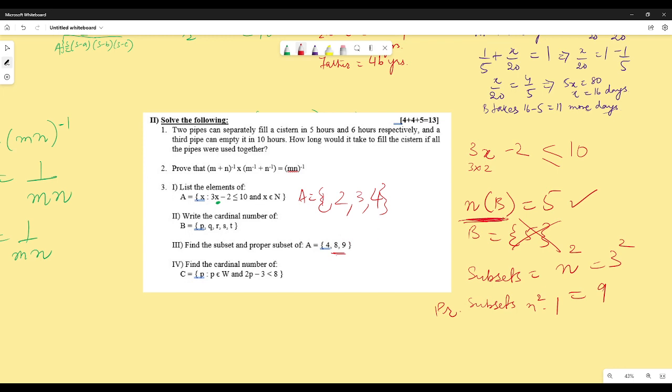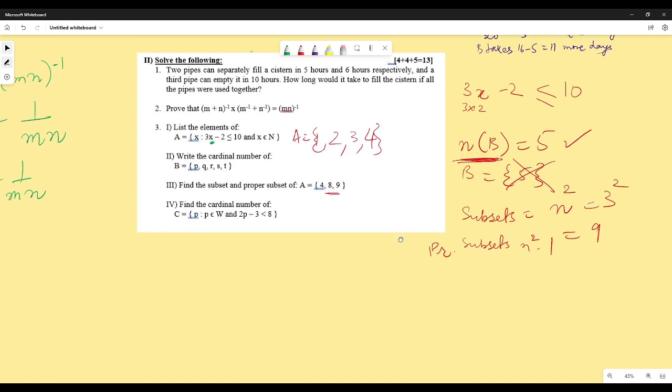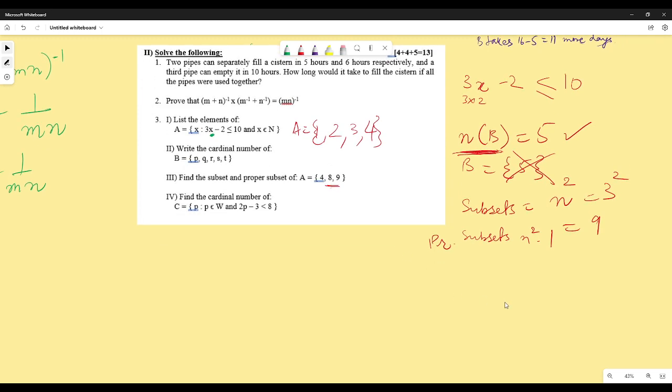Now here you have to find the cardinal number, how many elements are going to be there which fulfill this condition. Now P belongs to whole numbers, so we can use 0. First let us find out if 0 works. 2 into 0 minus 3, is it less than 8? Yes. So 0 is included over here.